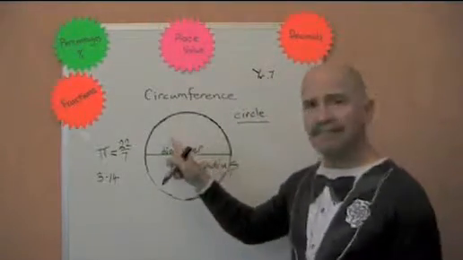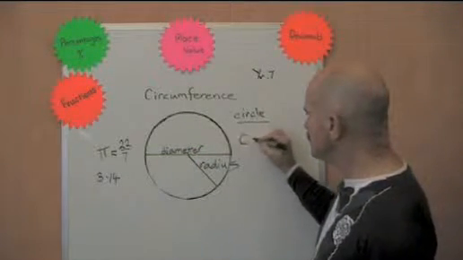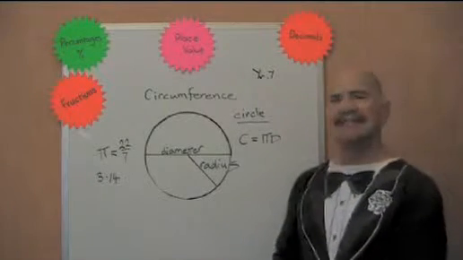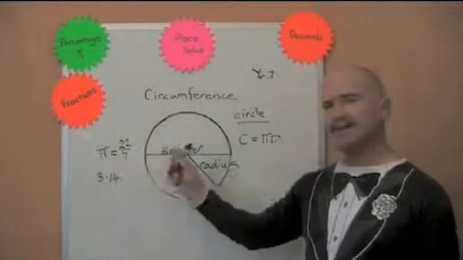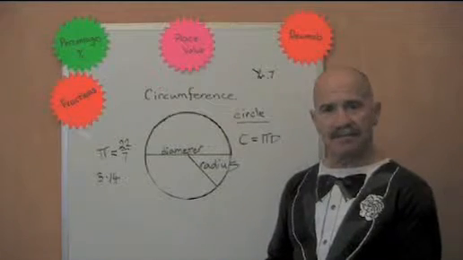Now the formula for the circumference of a circle is C equals pi times D. Now D is the diameter. So if you do pi times D, you will get the circumference.